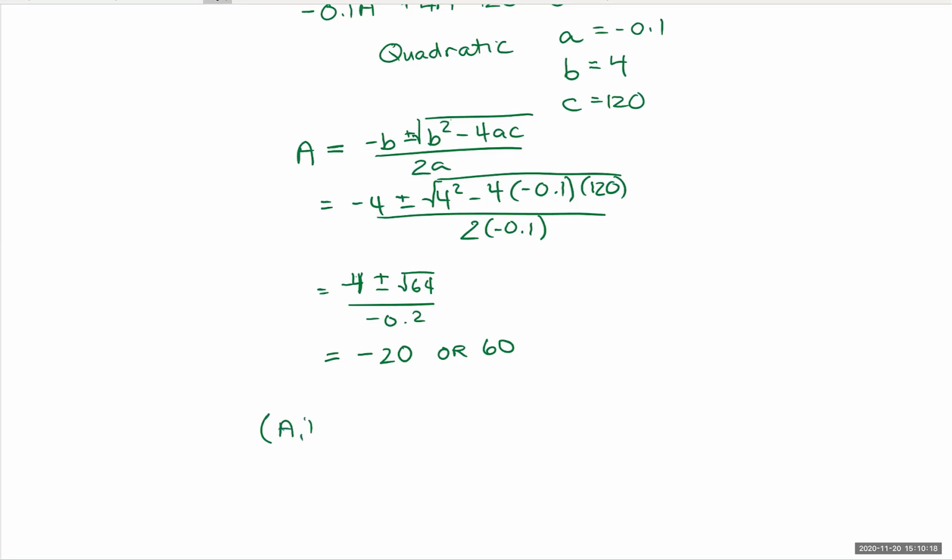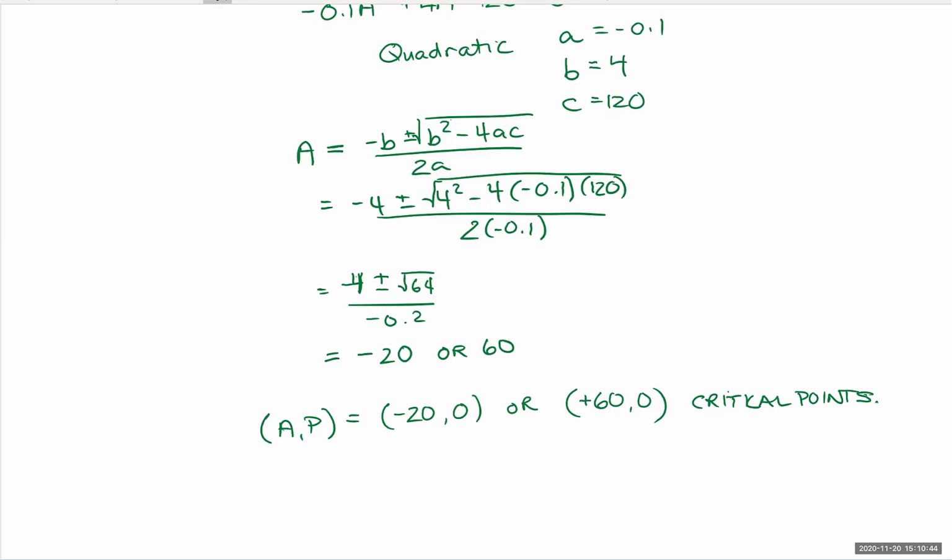So a comma p would be equal to negative 20 comma 0 or positive 60 comma 0 as two critical points. And that's only when p is equal to 0.